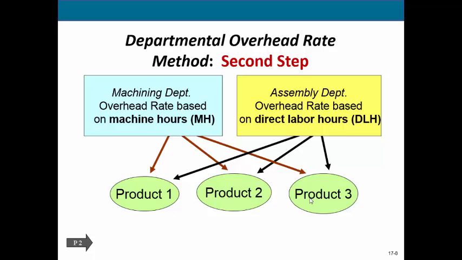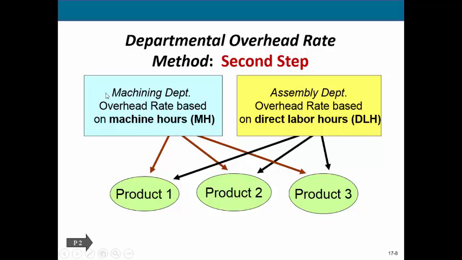So you can see here we have now decided on our drivers, and if you'll remember, when we're coming up with an allocation rate, the overhead goes in the numerator, and then in the denominator we're going to have our driver or our allocation base. So here in the machining department, our driver or our allocation base is going to be machine hours.